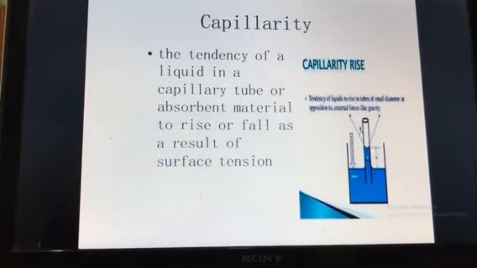It is expressed in centimeters or mm of the liquid, and its value depends on the specific weight of the liquid, the diameter of the tube, and the surface tension of the liquid. Capillarity is the tendency of a liquid in a capillary tube or absorbent material to rise or fall as a result of the surface tension.